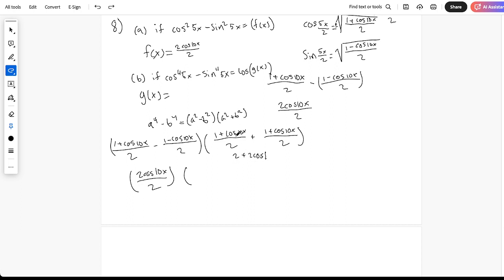I guess I didn't really need to write it up there. I could just write it down here. So 2 plus 2 cosine of 10x, and that's all over 2. Okay. Wowza. You know what I just realized?